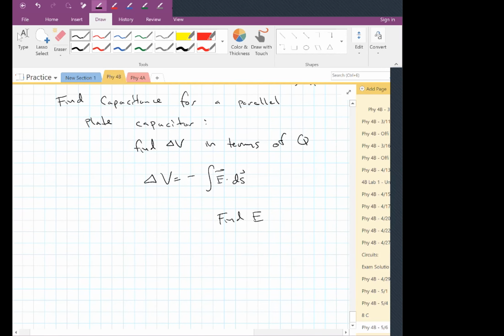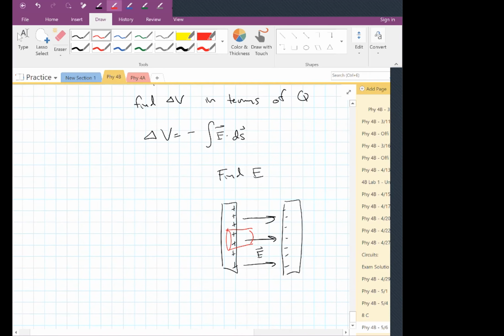So we have a capacitor. Got positive charges on one plate, right? Negative on the other plate. And we have an electric field in here. And so what do we do? We pick a Gaussian surface that looks kind of like this.